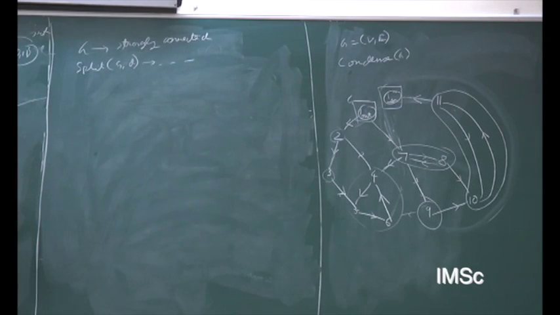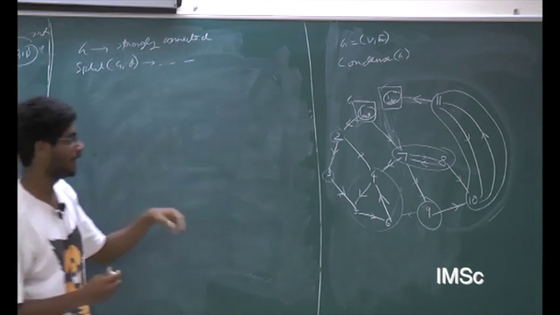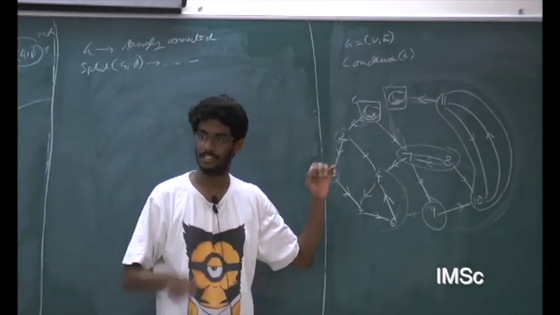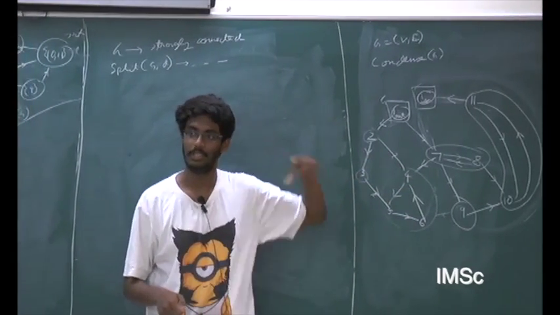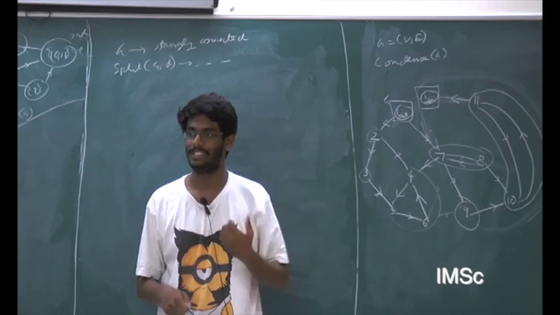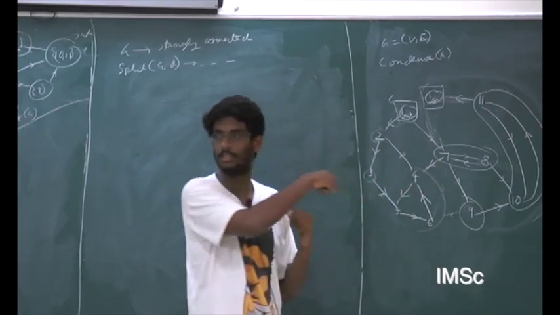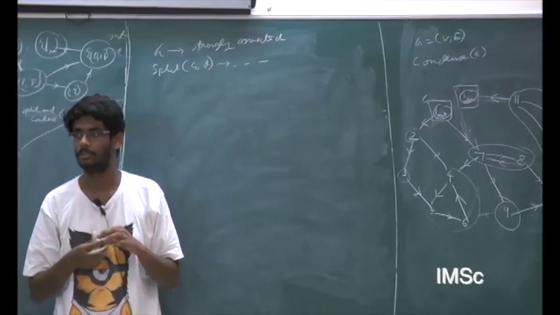You just need the reachability of one SCC from the other. So why do you want multiple edges? Because if I had two edges and I delete one, then it's still intact. But suppose I had only one edge and I deleted it, now the SCC might change.